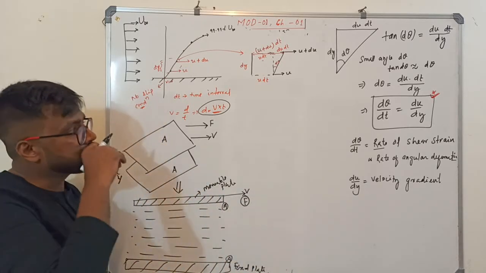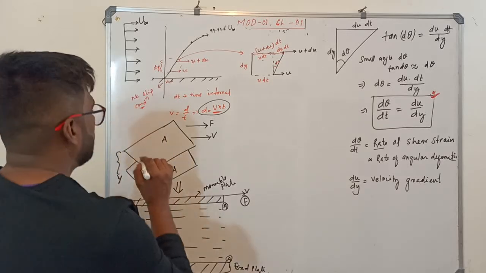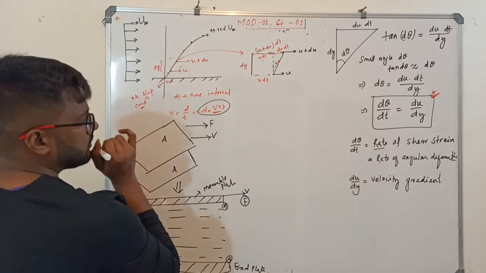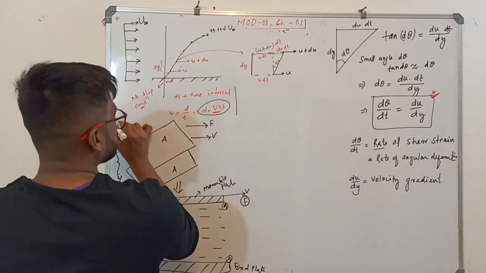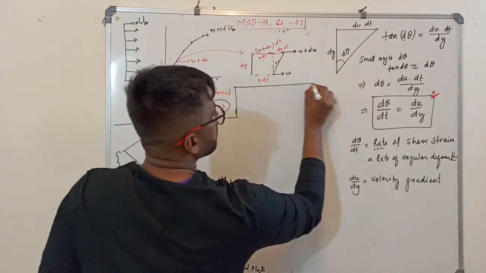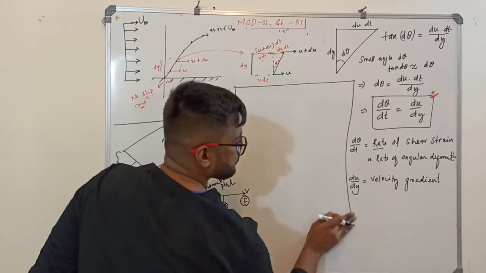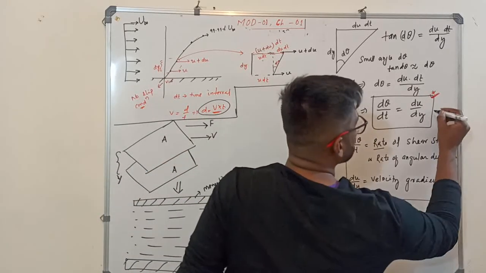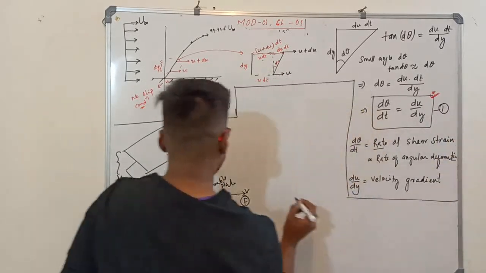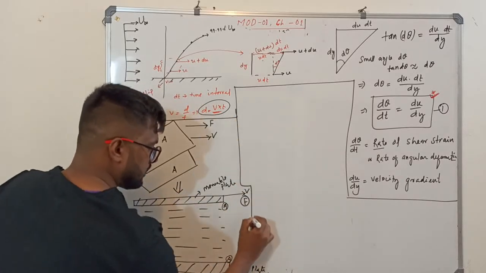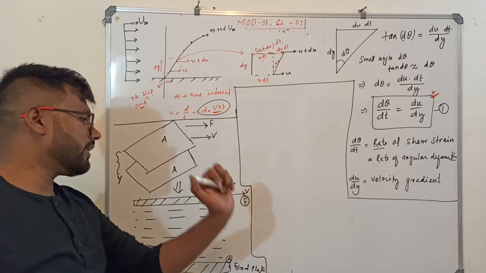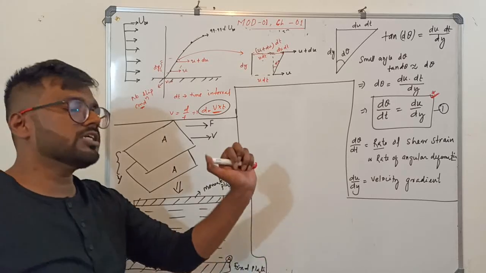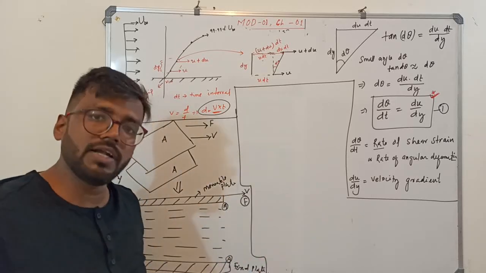Understood? Don't get confused, just separate it like this, up to here, and call it equation 1. So it is moving at a velocity v. What is the shear force on the plate by the fluid? F.